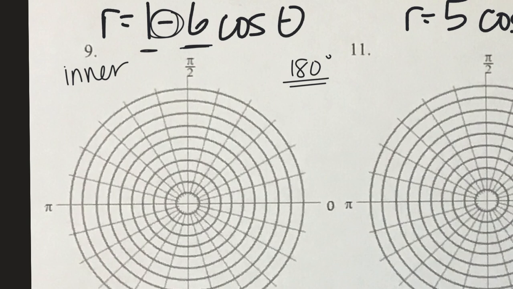So the outer loop is 6 plus 1, which is 7. 1, 2, 3, 4, 5, 6, 7. Here is your outer loop. Your inner loop is 6 minus 1, which is 5. 1, 2, 3, 4, 5. So we have an outer loop of 7 and an inner loop of 5.